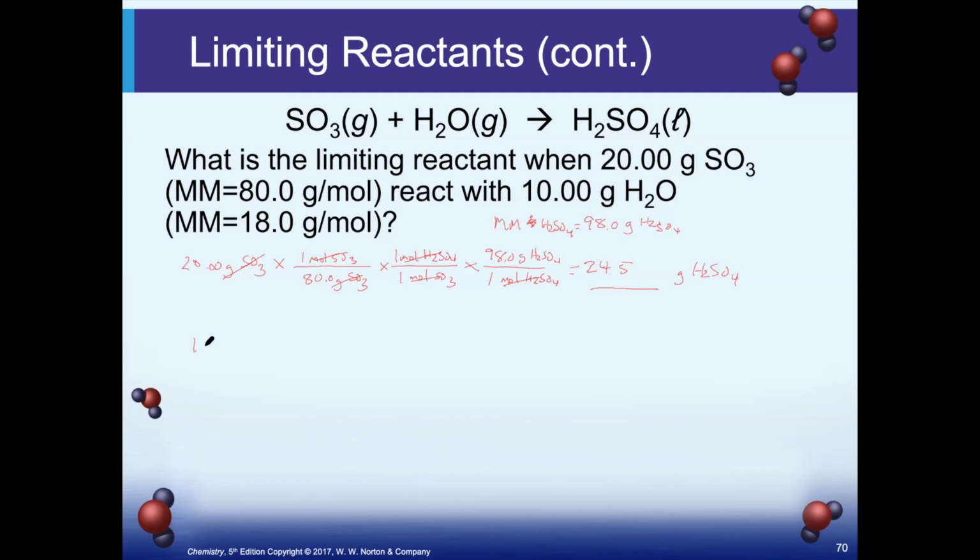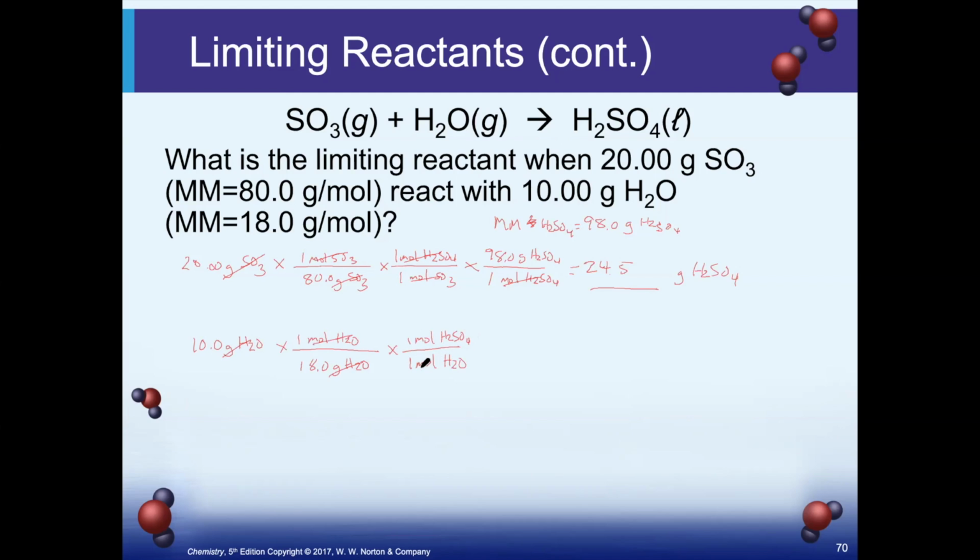So I do the same calculation with H2O. I have 10 grams of H2O, and once again, I convert that into moles. So 1 mole of H2O is 18 grams of H2O. Grams of H2O cancel. It's still a 1-to-1 ratio according to the balanced chemical reaction, so 1 mole of H2SO4 for every 1 mole of H2O.